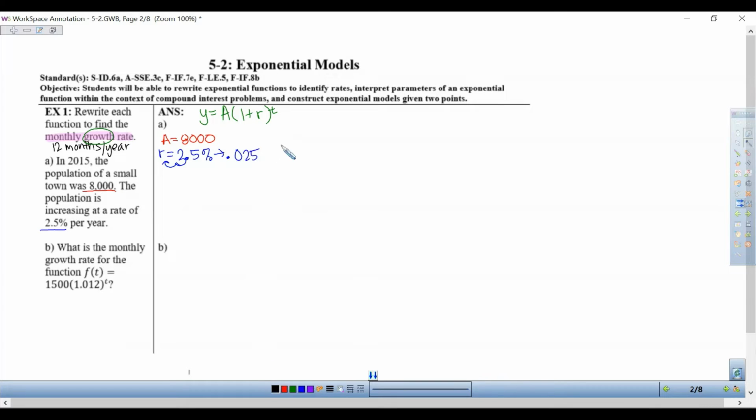Okay, so that means that our population can be estimated using the formula y equals 8,000 times 1 plus 0.025 raised to the t power.